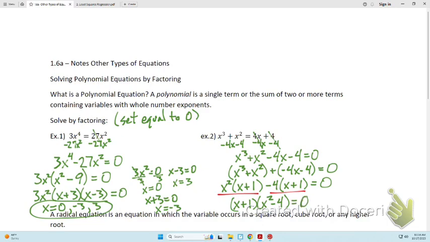It's a nice trick with factors. You can still take it further into x plus 2, x minus 2. So that means x is -1, -2, and 2.